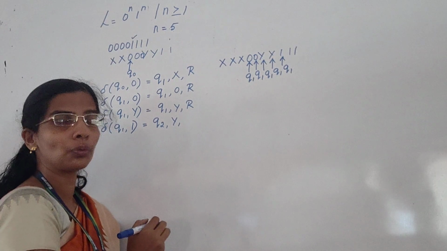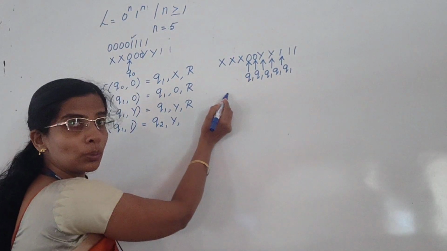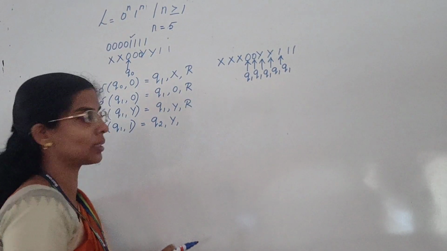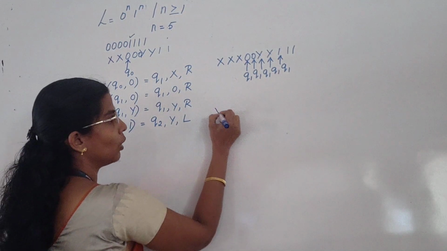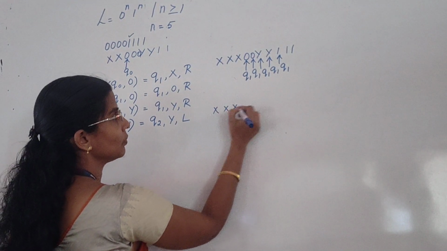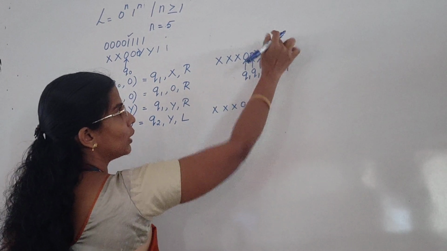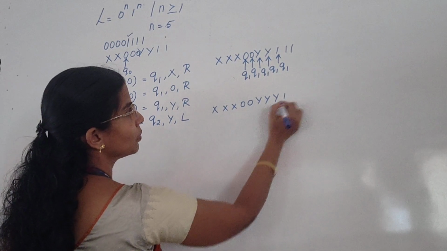Now the direction of your read-write head is, it should move towards left, take the next 0, replace with x. So the direction of your read-write head is left. Now how it will be? 0, 0, y, y. This 1 is replaced with y. Right?